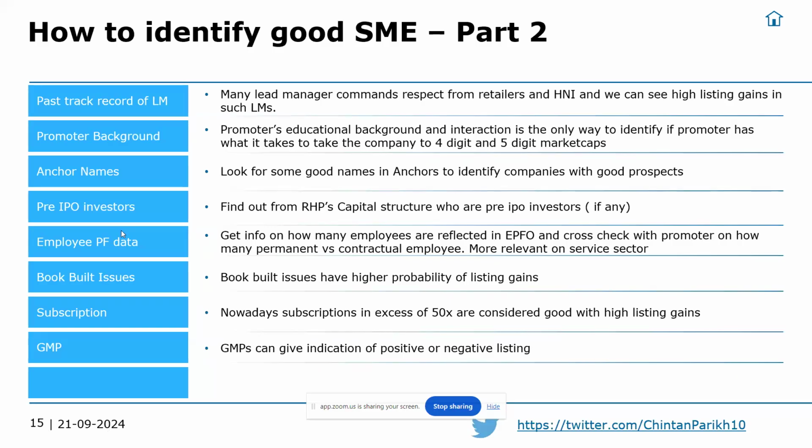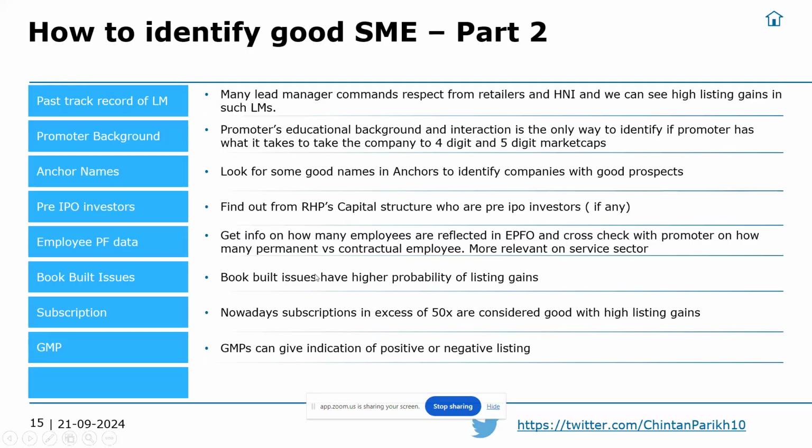So you have to take this data with a pinch of salt and figure out if the company is telling the truth or not. But how you can use this to your advantage is that for a service oriented company, the growth in the employee number will definitely indicate that the company is growing, and you'll be able to verify that with the employee PF data.